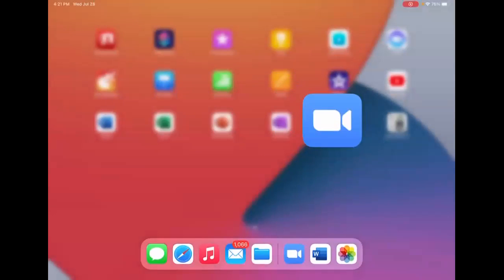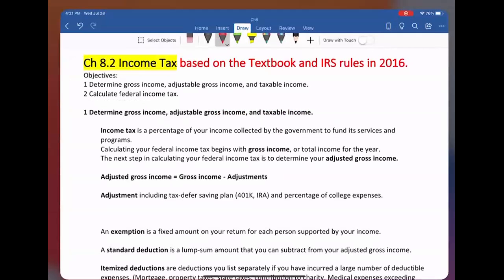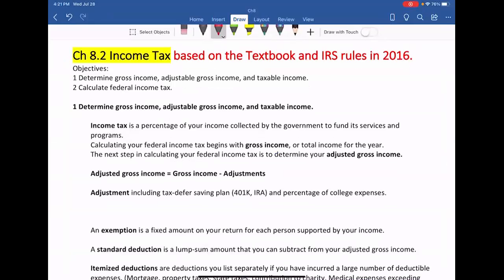In this video, we will learn lecture chapter 8.2, income tax. This lecture is based on the textbook and the IRS rules in 2016. So now we don't use some of the formulas or definitions from this class to compute the income tax, but maybe later they modified the rules.